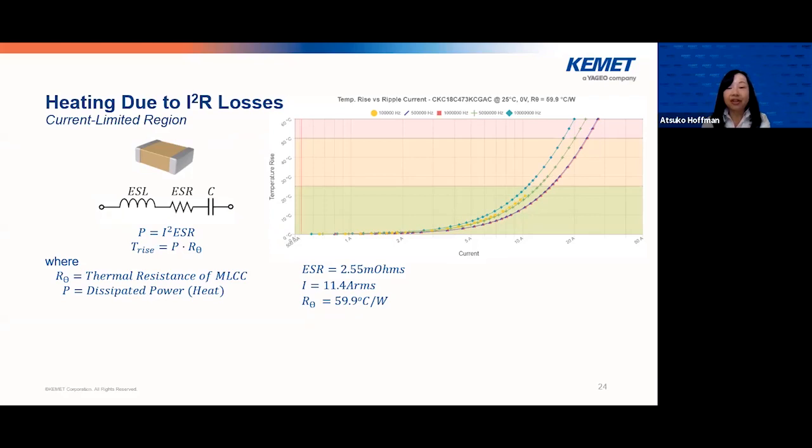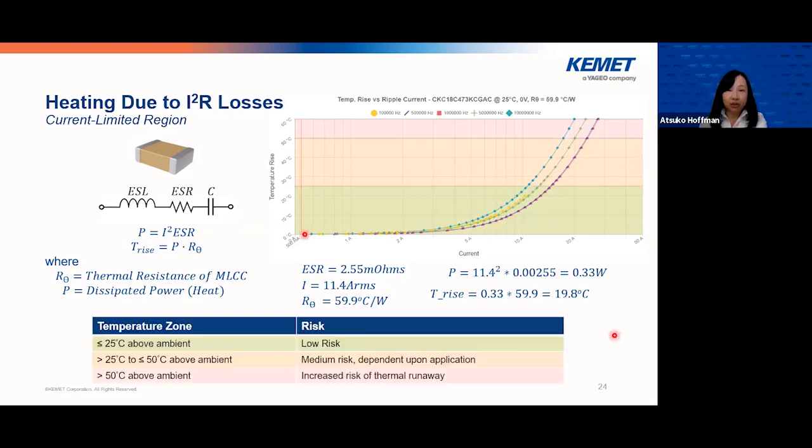It shows the theta here. If you use this and calculate, you get a power dissipation of 0.33 watt, and then you can calculate the temperature rise in the component as 19.8 degrees C. So this calculation will determine if the part is suitable for an application or not.